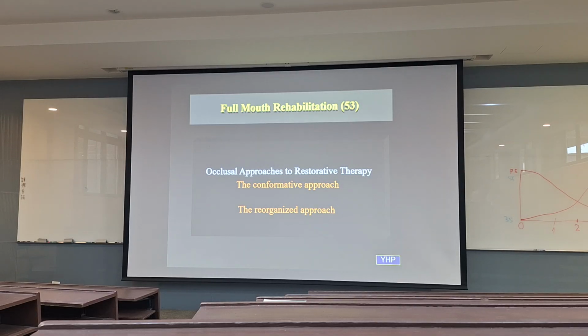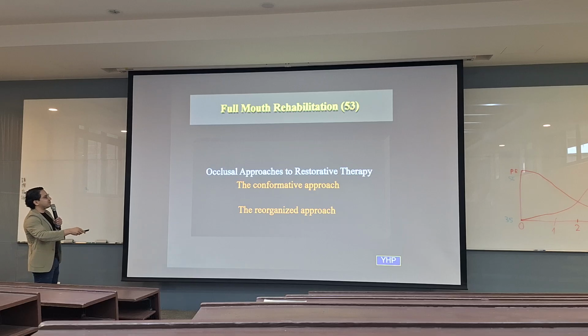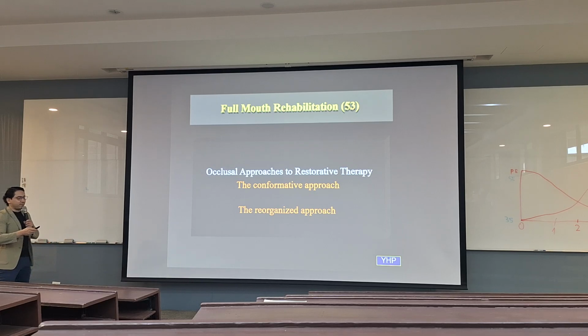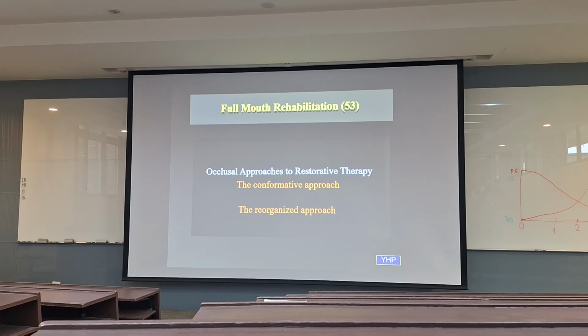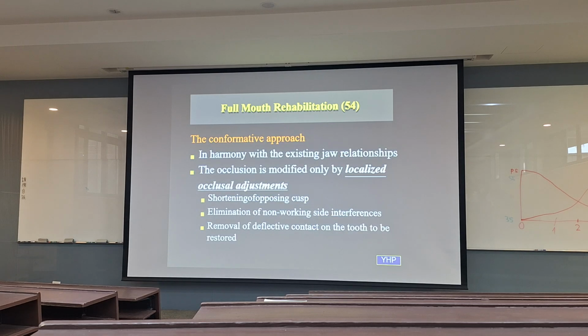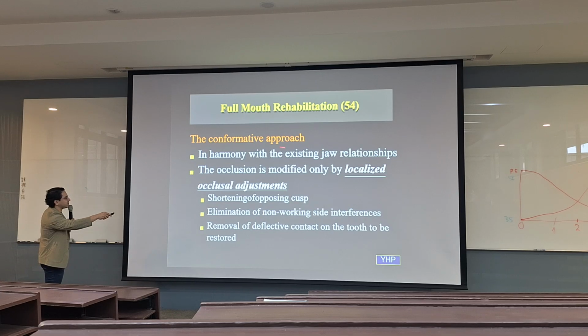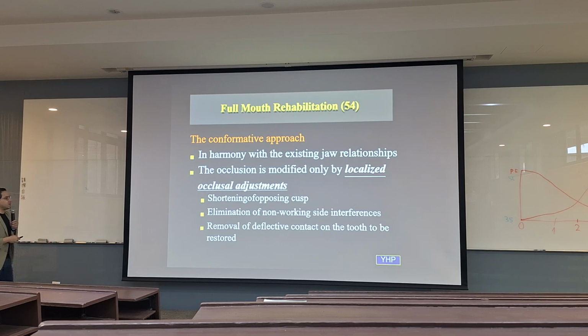Okay, so when we do this kind of provisionals, we can decide how the occlusal status of the patients will be, conformative or reorganized approach. So the first one, we can try to mimic the good relationship that already exists between the jaws.